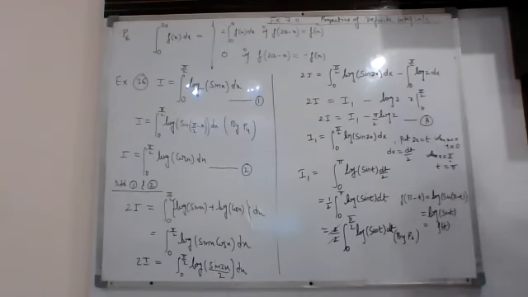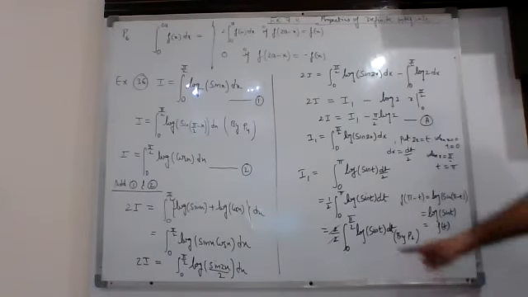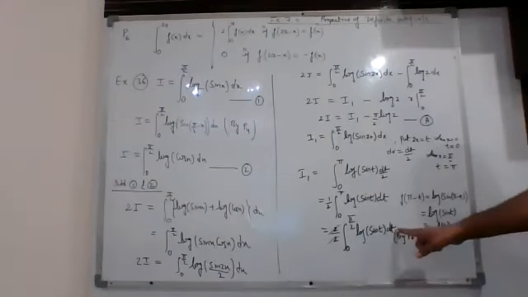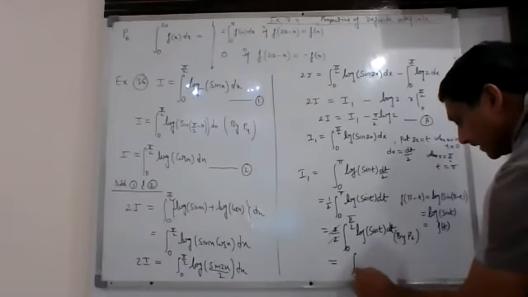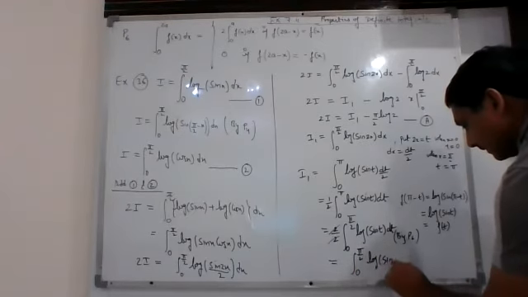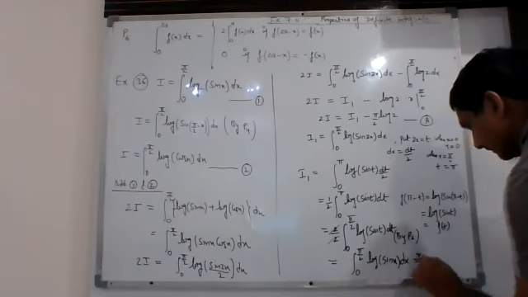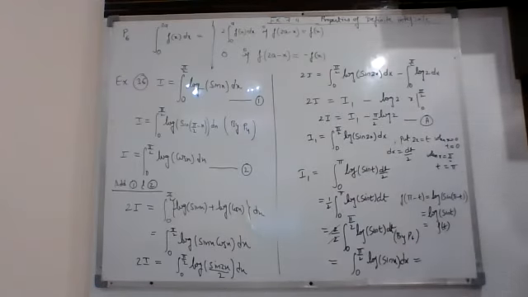Now we had done one property, that is P naught property, which says that if you change the dummy symbol, then your answer will remain the same. Here this integral is written in terms of t. Let us convert this in terms of x. So if you do that, you can rewrite this as integral from 0 to 90 of log sin x dx, and that is nothing but that number 1 from where we had started the question.